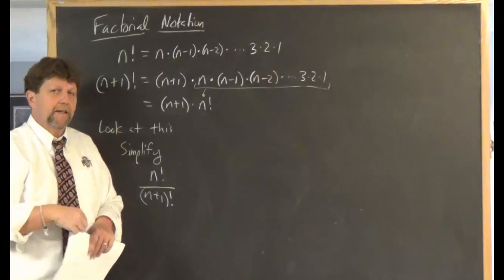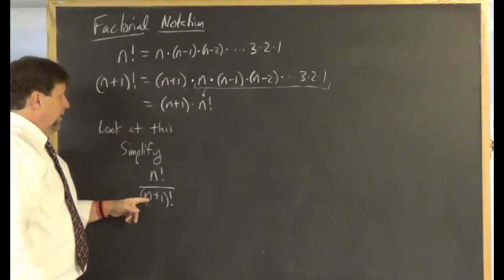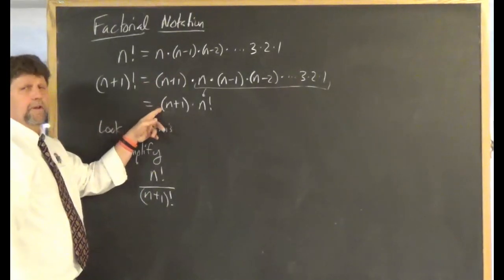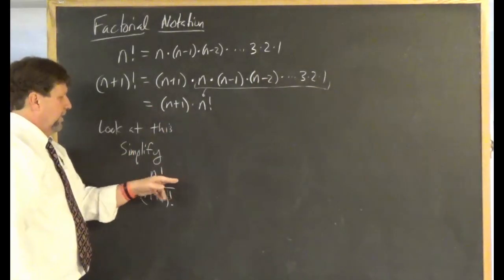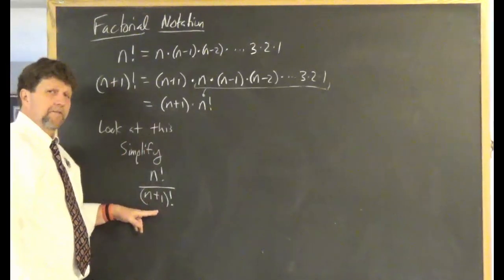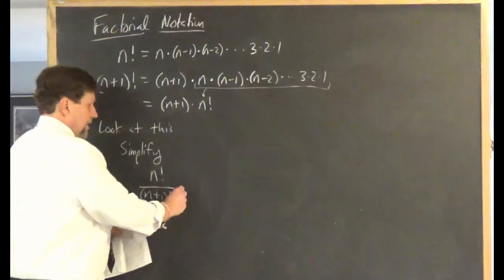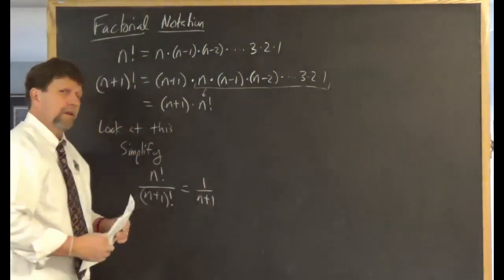What would that simplify to? Well, we know n factorial is this. We know n plus 1 factorial is this, or you could write it like that. Do you see that if you had n factorial over n plus 1 times n factorial, the n factorials would cancel out, and that leaves you with just 1 over n plus 1?